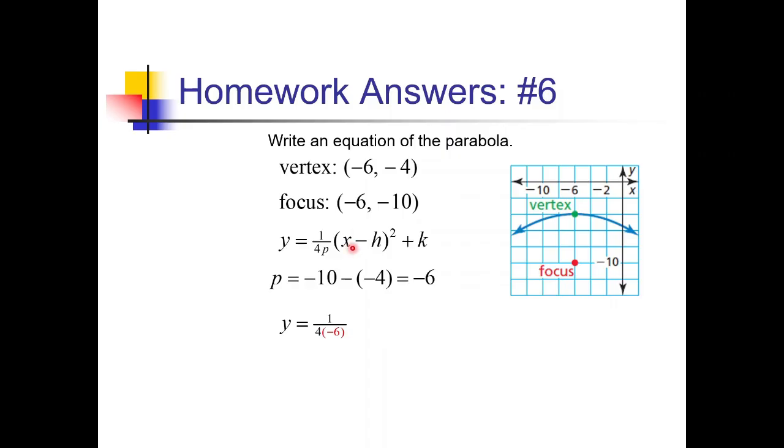And then we have x minus the x value from the vertex of negative 6, so x plus 6 squared then is what I end up writing. And then the k is this negative 4 from the vertex, so that's minus 4. And then just simplifying this a term out here, we have y equals negative 1 over 24, and the rest of this stuff. And that's it.